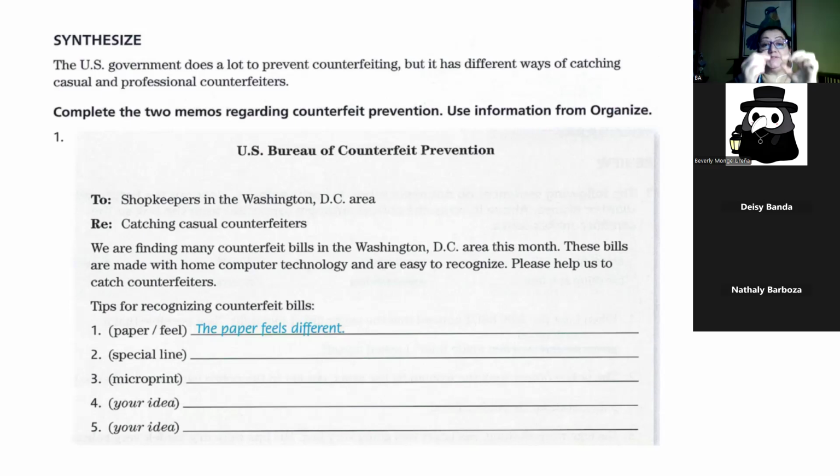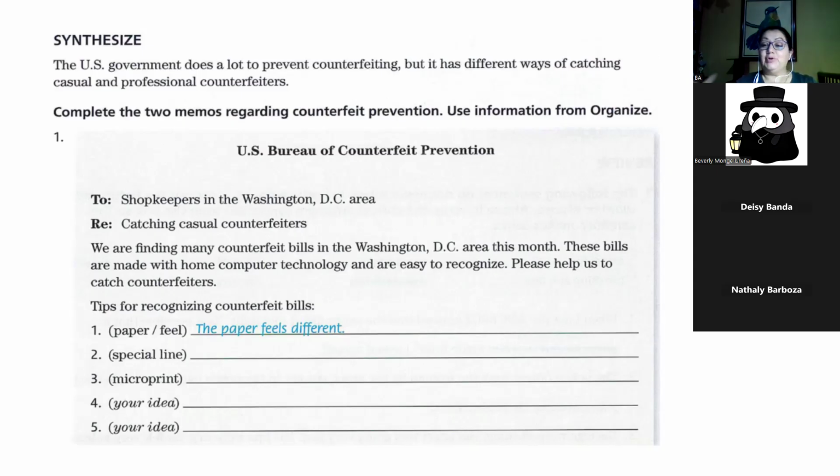The bill has a special line from the top to the bottom of the bill. Perfect. What about microprint? In the counterfeited money, microprint looks like black lines only, not words.